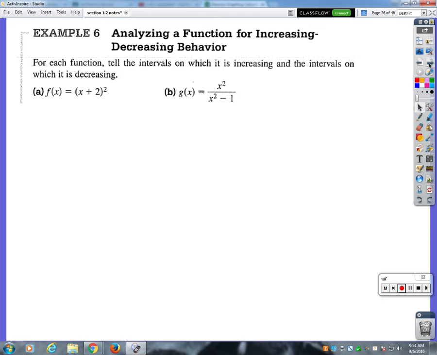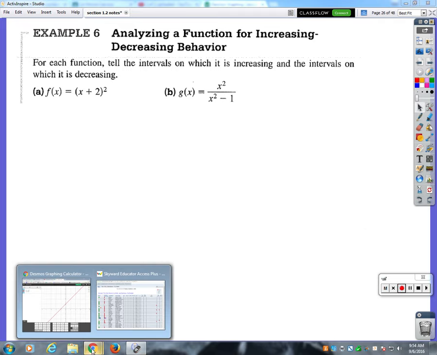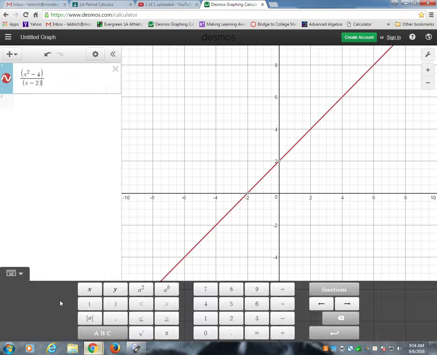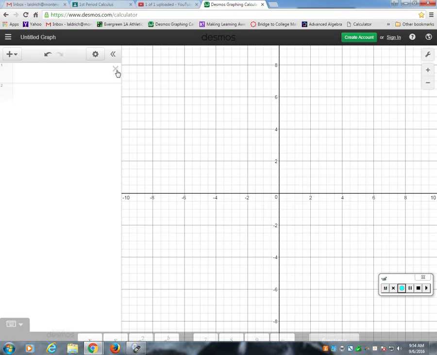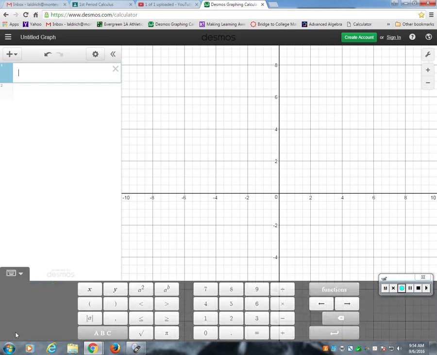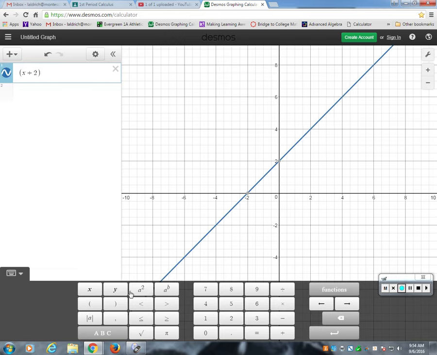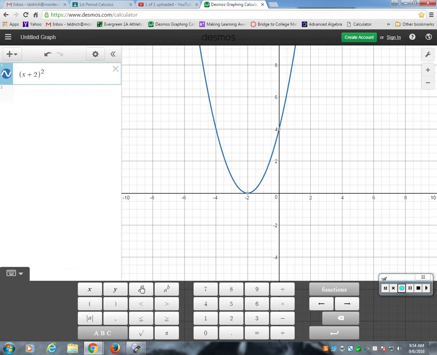You guys know what this graph looks like already, right? x plus 2 quantity squared. Oh, good. So let's go to the graph. Let's look at x plus 2 squared. A little graph practice here. So x plus 2, yeah, I can hear Joseph back there describing it correctly.